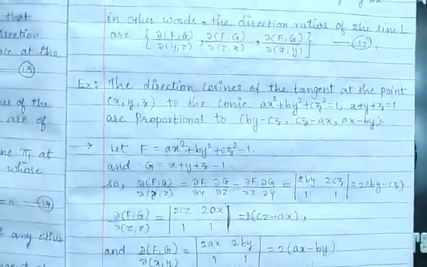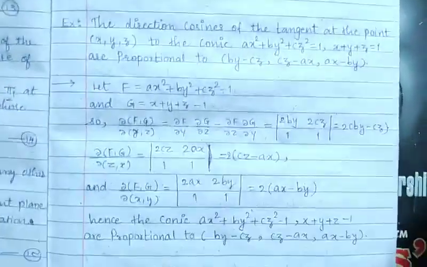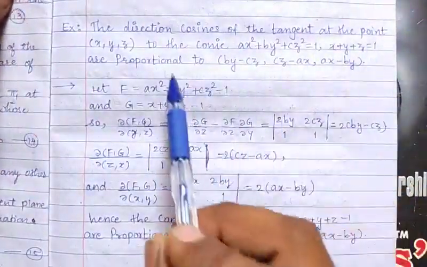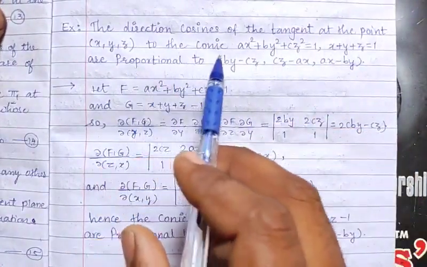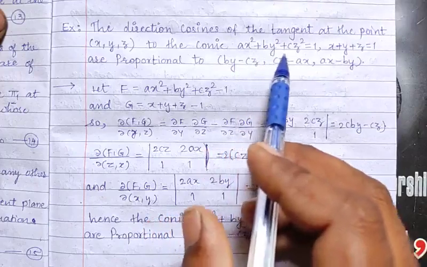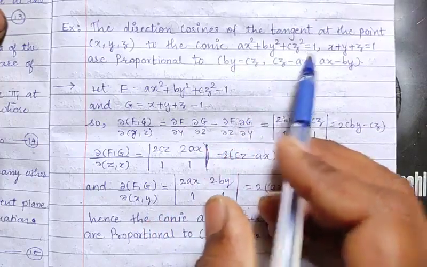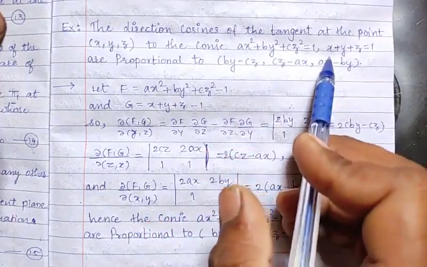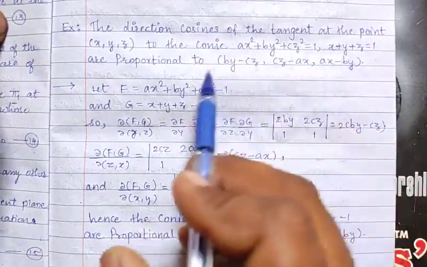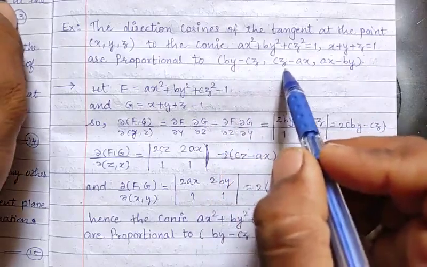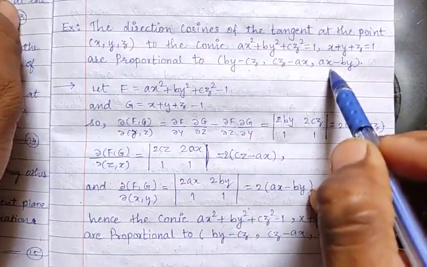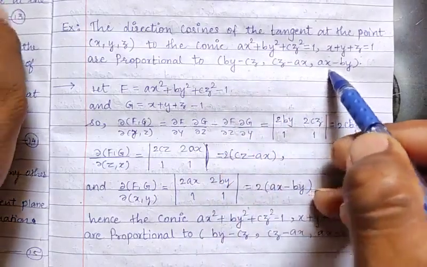Find the direction ratios. We are given that the direction cosines of the tangent at the point (x,y,z) to the conic ax² + by² + cz² = 1 and the plane x + y + z = 1 are proportional to by − cz, cz − ax, and ax − by. So what have we been given?